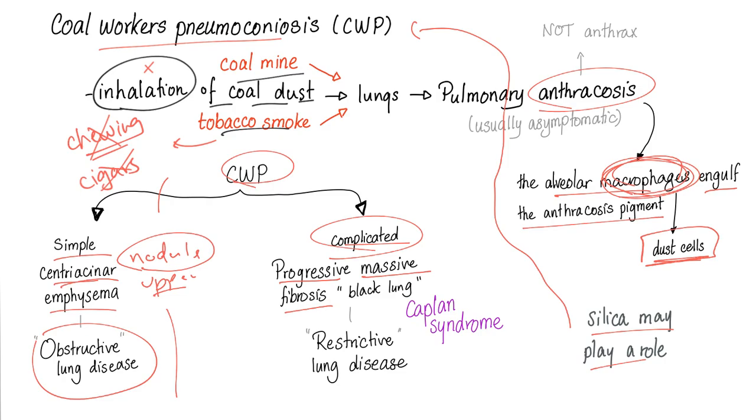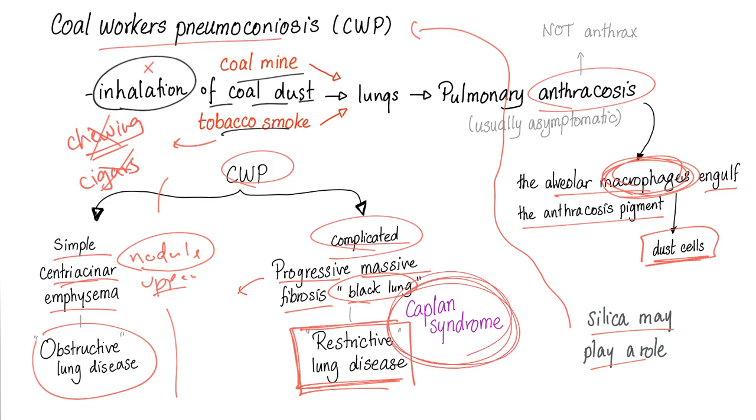Your whole lung is history, called black lung, from the fibrous tissue and the fibrosis. And as you know, progressive fibrosis of the lung is a restrictive lung disease, not an obstructive one. Can you have centriacinar emphysema as a reaction? Why not? And Caplan syndrome is here. It has to be the complicated coal workers' pneumoconiosis.